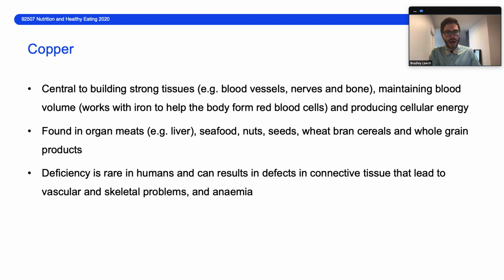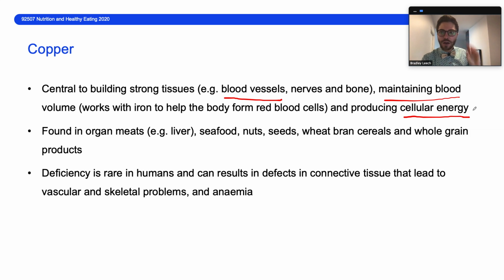Copper. Although many people have much higher copper in the body than actually required, copper is an important factor for a number of reasons. It supports with building tissue, especially your red blood vessels. Supports with maintaining blood volume, such as red blood cells, and cellular energy in what we call your electron transport chain.